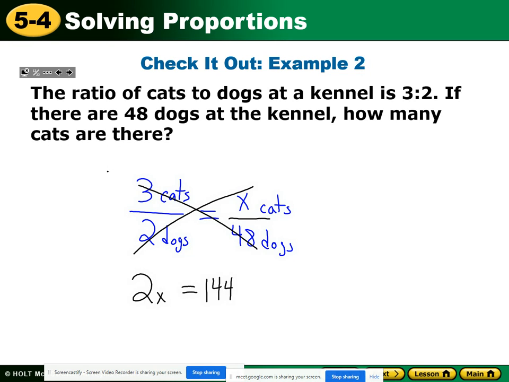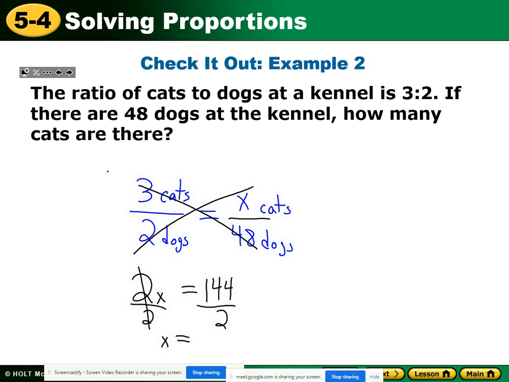Well, 3 times 50 is 150 minus 6, right? Then from there, what do I do, Connor? Take 144 divided by 2. Because we got to do this side by 2, so this side by 2.